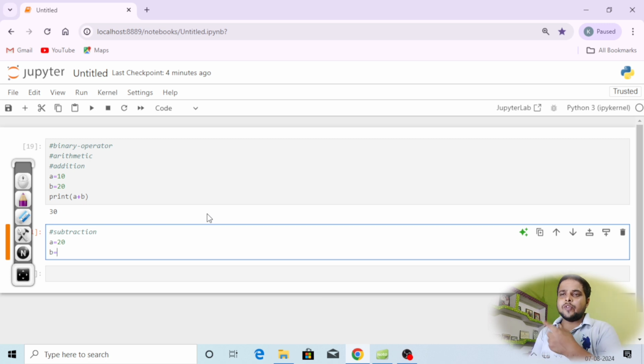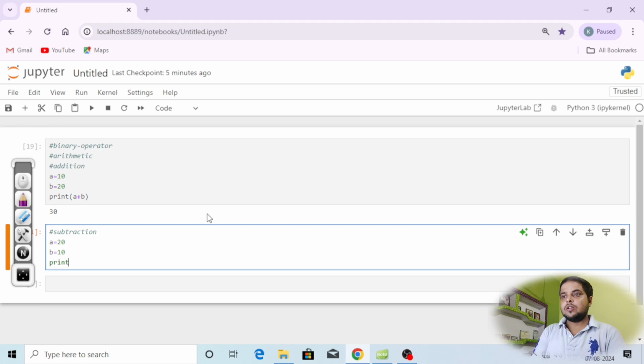Here we can take more than two operands also, but not less than two. So B equals 10. Now print A minus B. It will simply subtract these two numbers, so 20 minus 10 equals 10. The output will be 10. Very good.